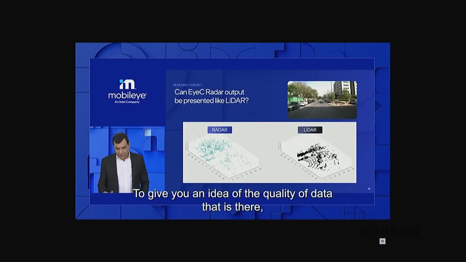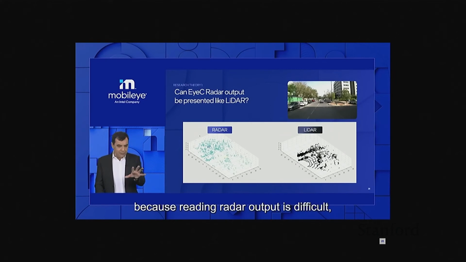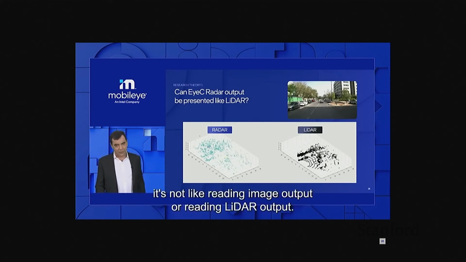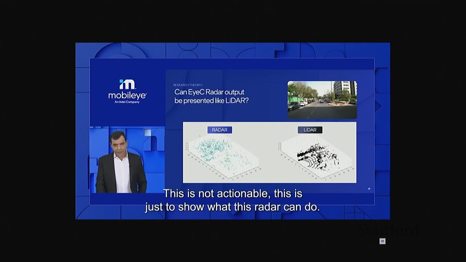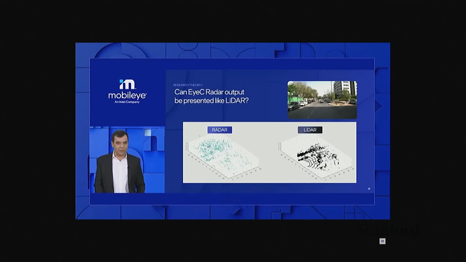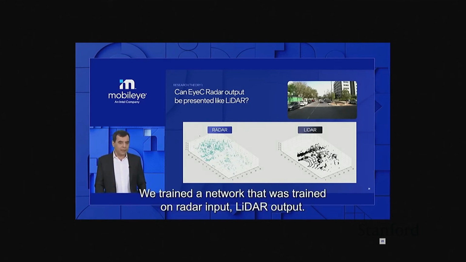So to give you an idea of the quality of data that is there, because reading radar output is difficult. It's not like reading image output or reading LiDAR output. So we trained two networks. This is not actionable. This is just to show what this radar can do. We trained a network that was trained on radar input, LiDAR output.